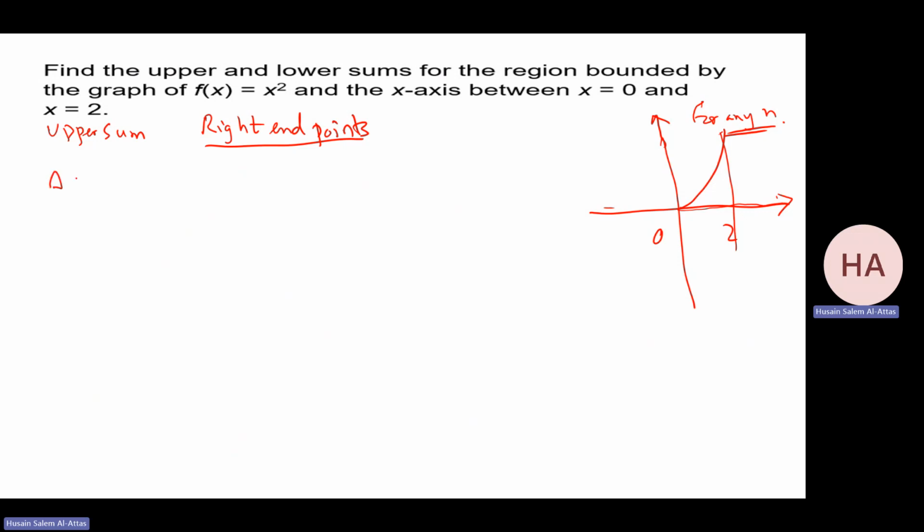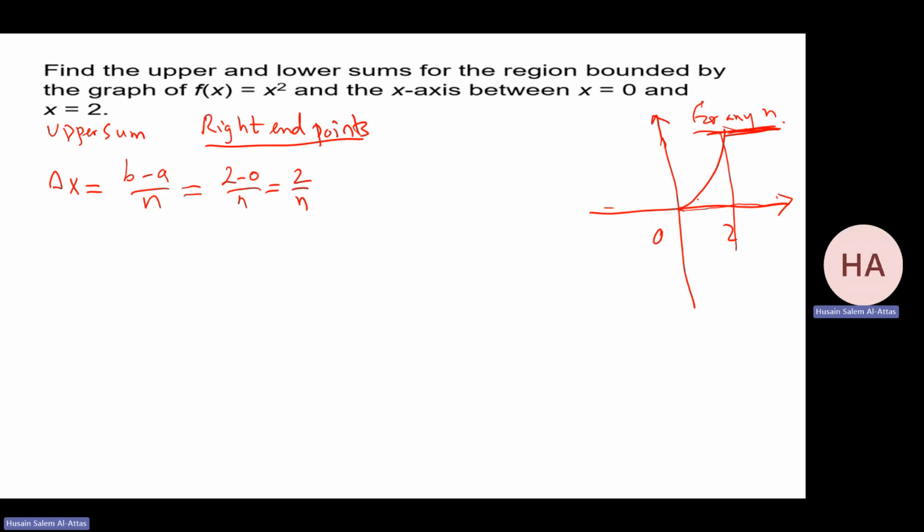Okay. So now the upper sum will be what? I have delta x, which is what? Now I'm doing it for any n, in general. Delta x will be b minus a over n, so that will be 2 minus 0 over n, and that will be 2 over n. Now, if I want to find the heights, I need to do the heights at the right endpoints.